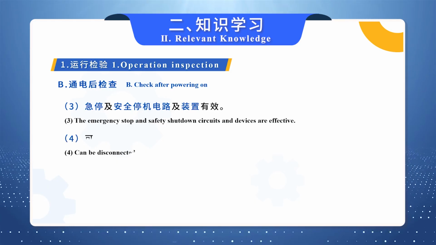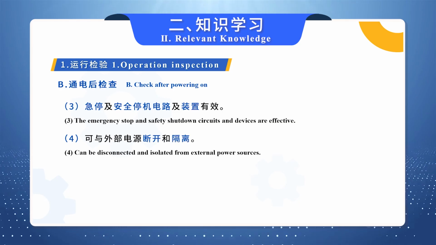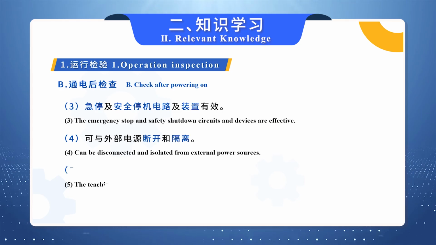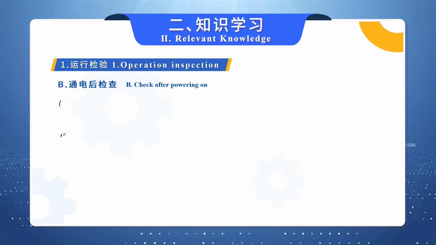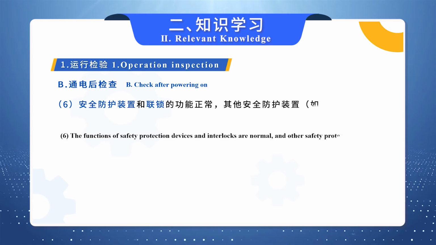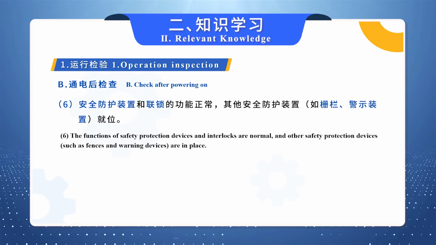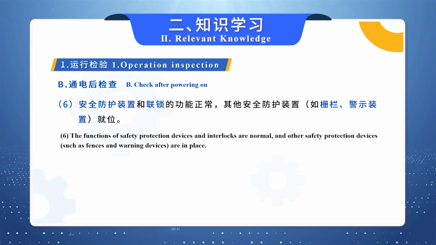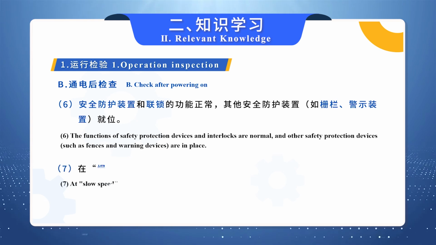4. It can be disconnected and isolated from the external power supply. 5. The teaching device functions normally. 6. Safety protection devices and interlocking functions are normal. Other safety protection devices, such as fencing and warning devices, are in place. 7.